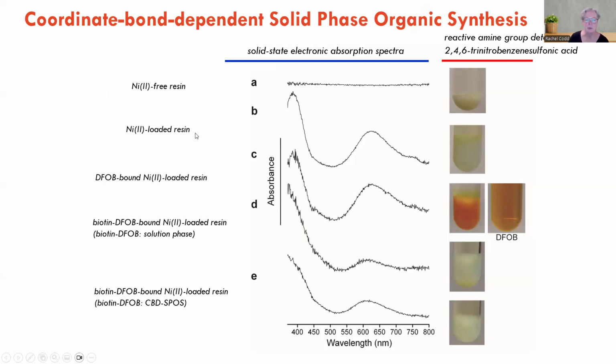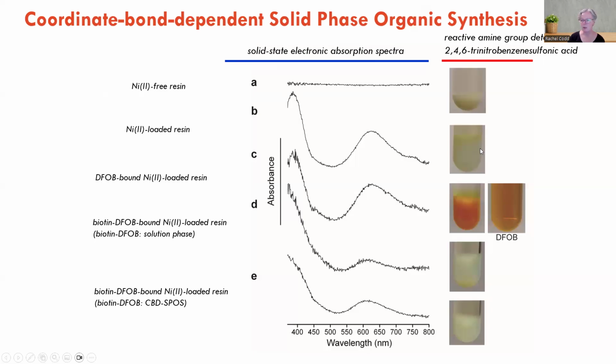The next step is we adsorbed nickel onto the amino diacetic acid resin. So we're now forming nickel IDA, or a standard IMAC resin. And what you can see here is if we take that resin and run a solid state electronic absorption spectrum, we see a signal at about 620 nanometers, which is representative of that nickel IDA complex.